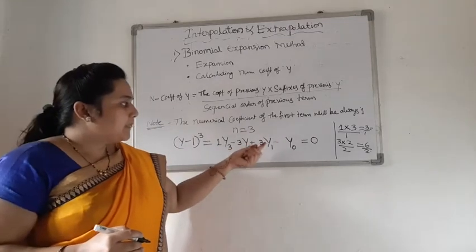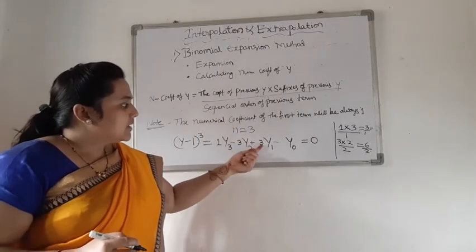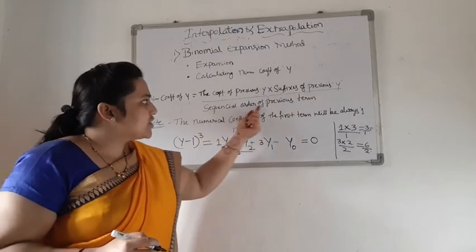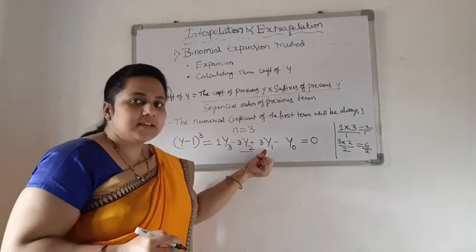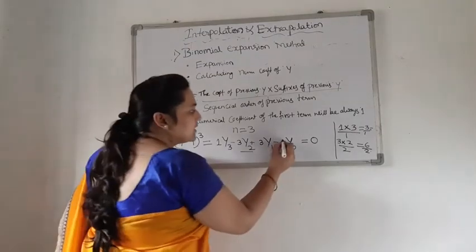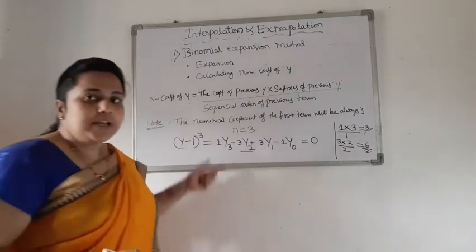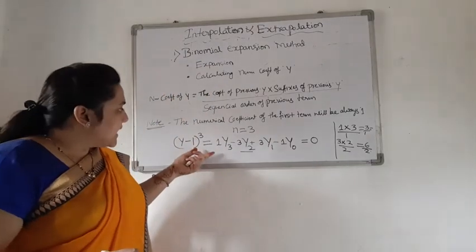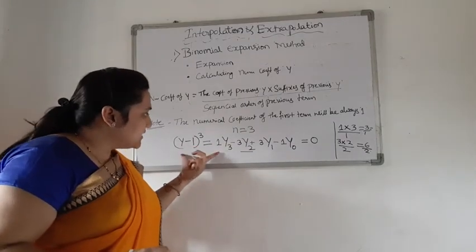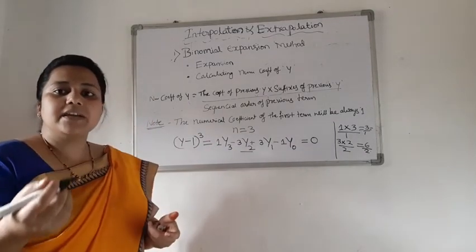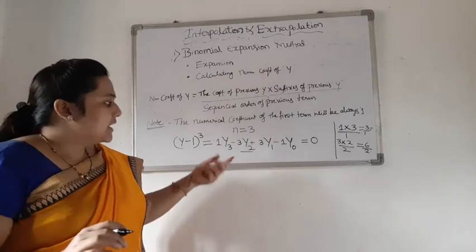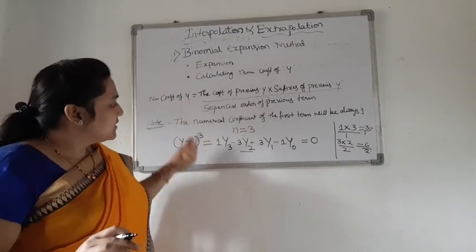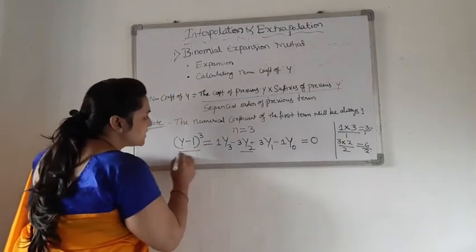Next, the same procedure: 3 into 1 is 3, divided by the sequential order of the previous term, 1, 2, 3. 3 divided by 3 is 1. In this way we are going to expand the binomial terms. After expanding these binomial terms, only then can we solve the problems. Here we have expanded the binomial terms.